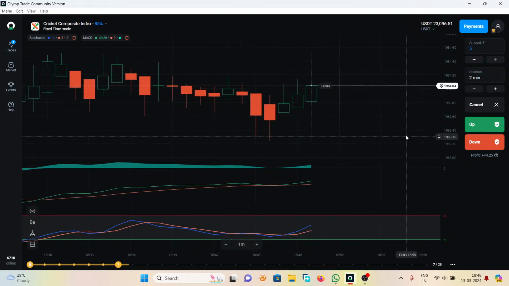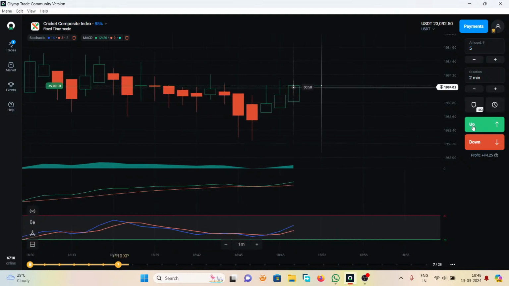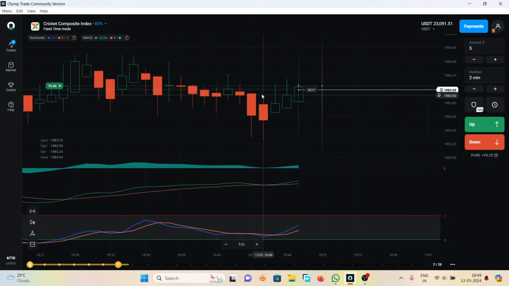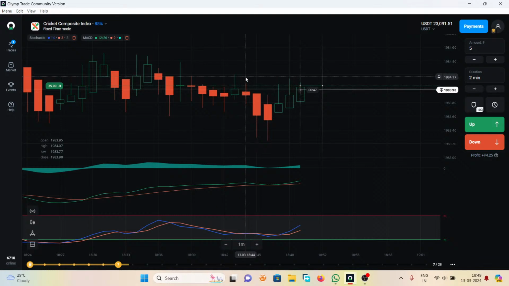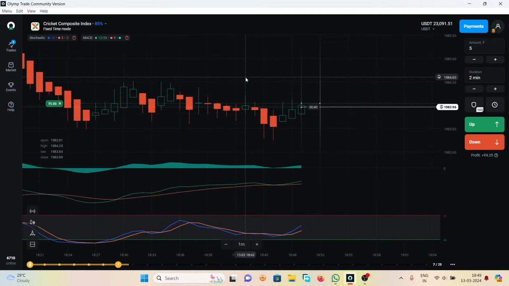Right now I'm trying to open a trade. Okay, everything is okay, all three signals are matching, so I am opening the trade. But just check the chart. This chart is actually dicey because we have a trend of uncertainty here, so we are not sure whether this trend is going up or not.